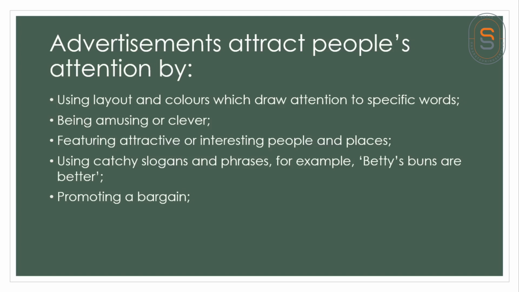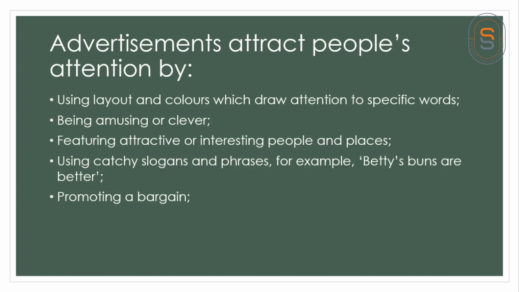It's featuring attractive or interesting people and places, people that you look up to, maybe a famous rugby player or a beautiful model, and places where everyone wants to go. Using catchy slogans and phrases, for example, Betty's buns are better.